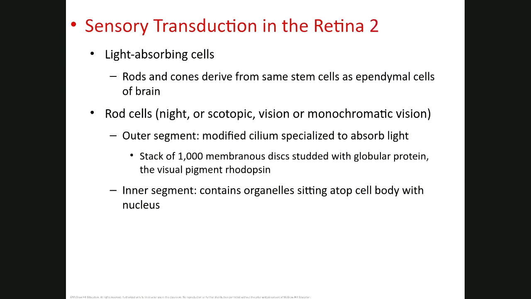So you'll have light-absorbing cells, rods and cone cells, where the rod cells are used for night vision and produce a scotopic, gray vision, or monochromatic shades of gray. You will have an outer segment filled with modified cilium and an inner segment filled with organelles in order to produce this vision.